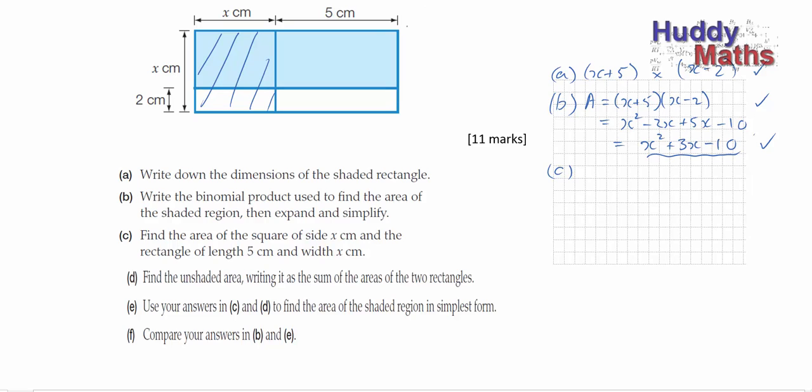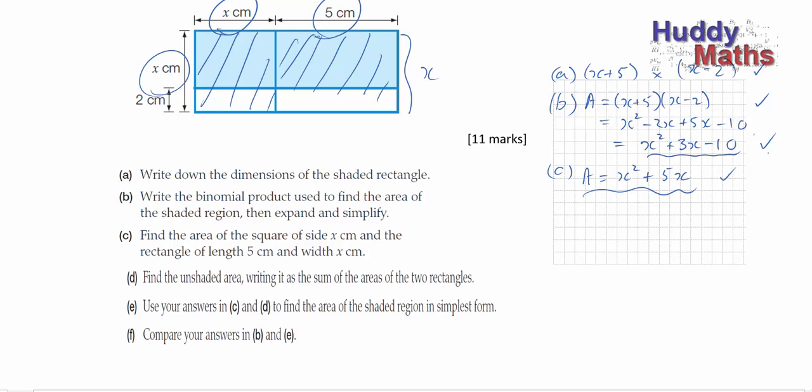So 5 by x is this rectangle here. Find the area, so that will be what? X by x, length by breadth, x squared, plus 5 by x, or 5x would be the area expression for that one. So 1 mark for that.